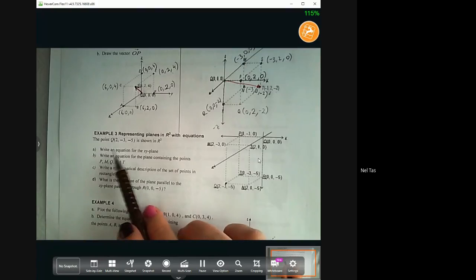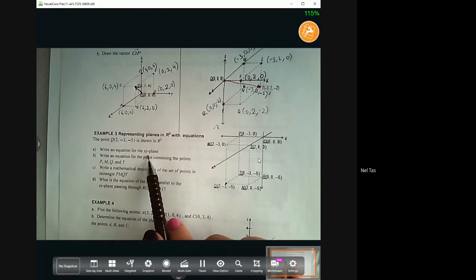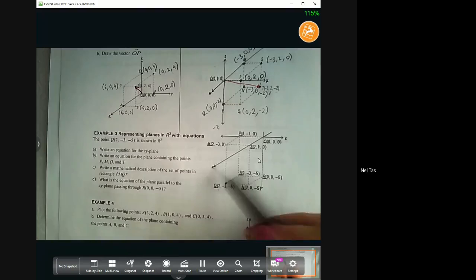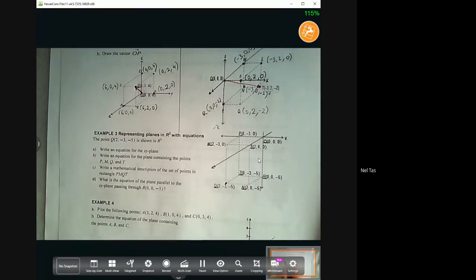It says write an equation for the xy plane. So x is here, y is here, so we are talking about this plane. Again, I showed you before, the xy plane is the plane that holds the x and y axes. When you look at this plane, all the points on the xy plane will have a 0 for the z coordinate.